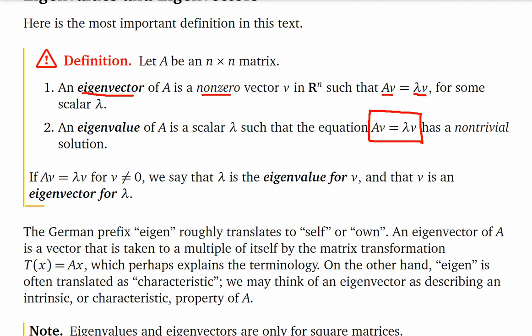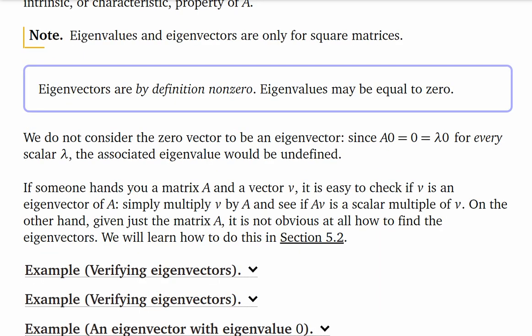And when it happens, the eigenvalue, the Greek letter lambda there, is the scalar multiple, and the vector v is the eigenvector. And so they always come in pairs. These eigenvalues and eigenvectors come together. So just a quick note, eigenvalues can be zero, but eigenvectors can't.